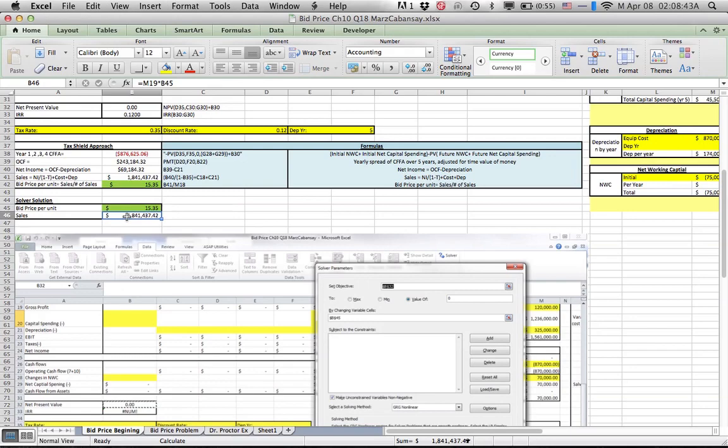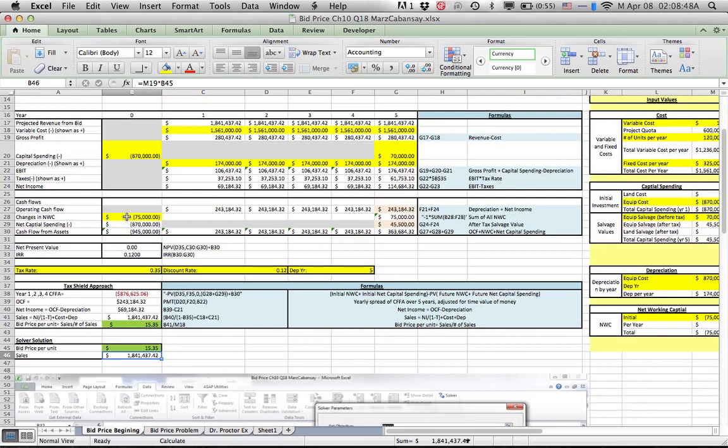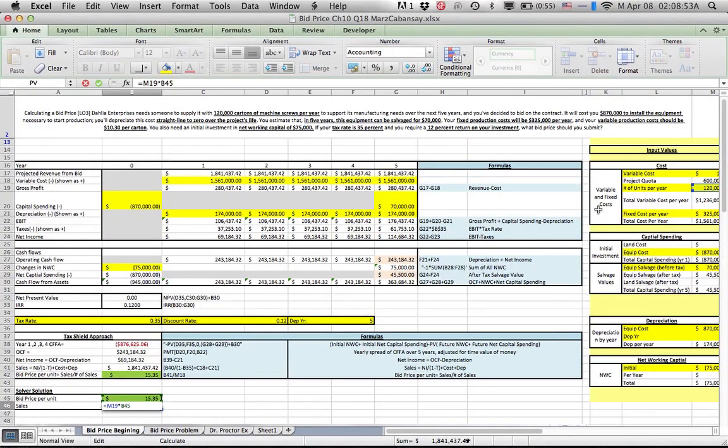And then the solver solution of the sales, which is just the bid price per unit from what Solver gave us times the number of units per year. This then populated the projected revenue from the bid, as you can see here, and gave us a net present value of 0, and also the internal rate of return ended up matching our discount rate, which then just completed our problem.